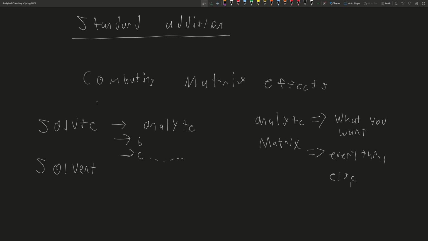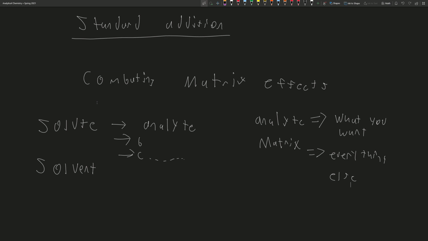We're not going to get an accurate result from our experiment. As a result, we can't use the typical method of just UV-Vis spectroscopy for analyzing the concentration of a soda that has a colorant in it, or any sort of dark color to it, because it's going to affect how light is absorbed, obviously.